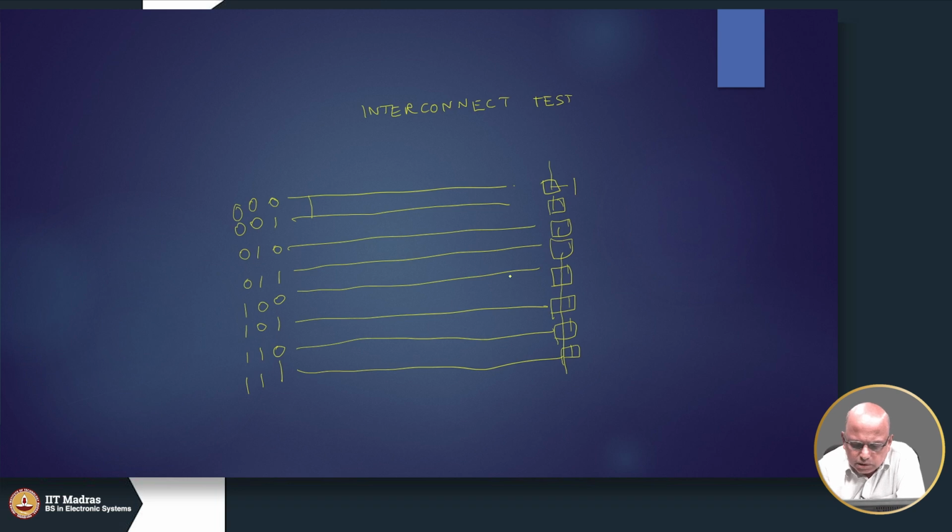Or let us say we put 1010. We can scan in 1010, 1010. Then we scan in 0101, this pattern, into the boundary scan cells.